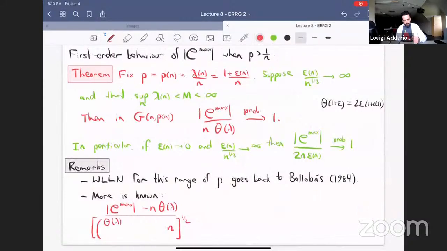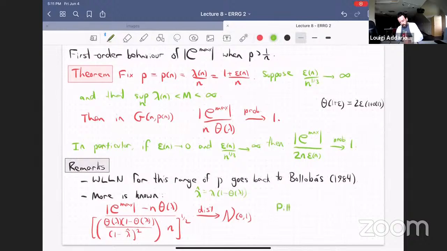It's theta(lambda)(1 - theta(lambda)) all divided by (1 - lambda hat) squared, where lambda hat is again lambda(1 - theta(lambda)), the Poisson dual parameter. This whole thing converges in distribution to a standard Gaussian. That's a result of Boris Pittel and Nick Wormald from 2005.